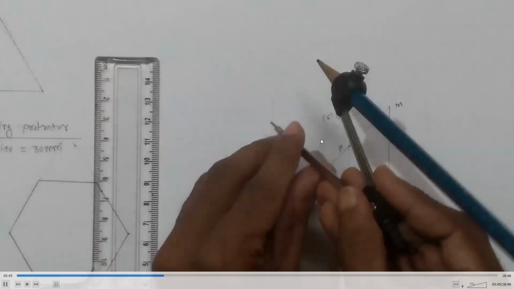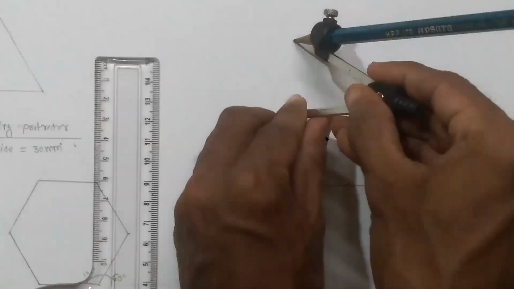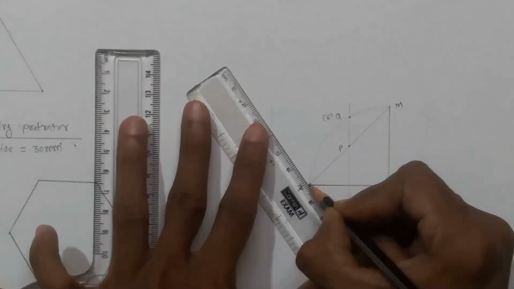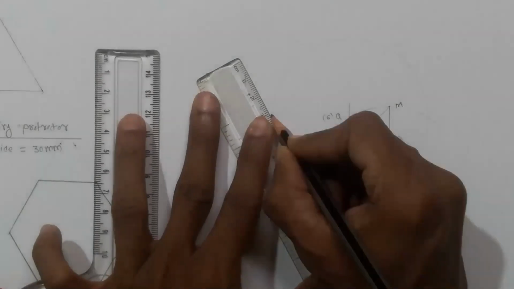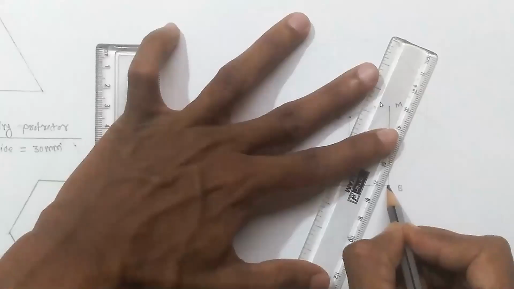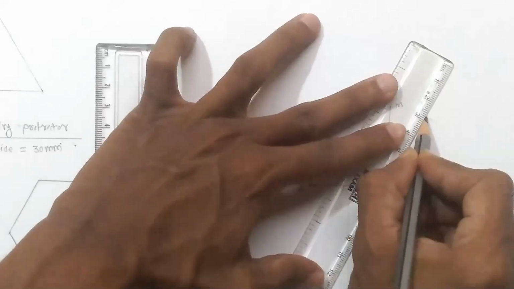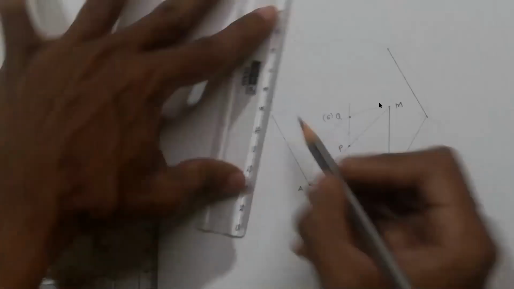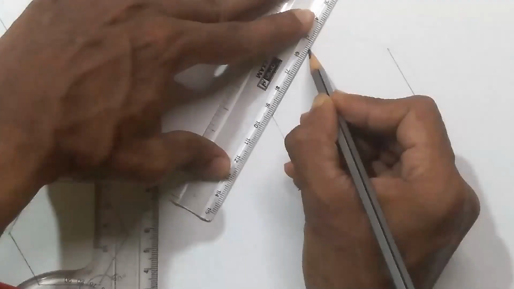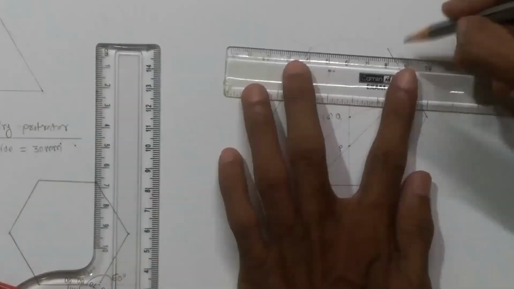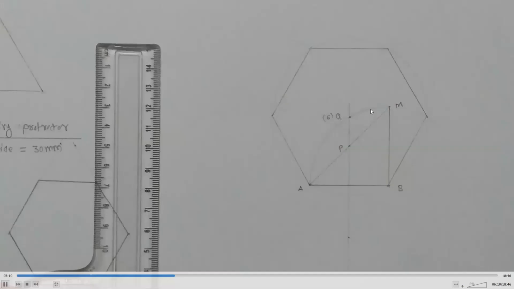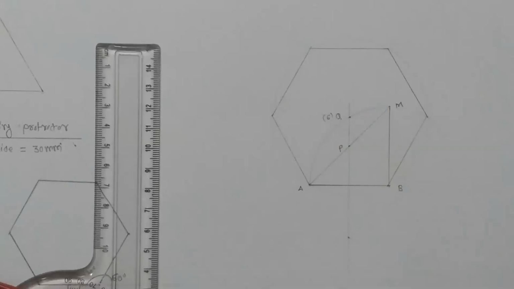So this arc or intersection point will represent each corner of that hexagon. Okay, so in this way you can inscribe a polygon in a circle.